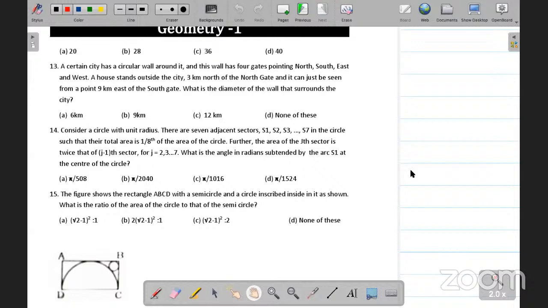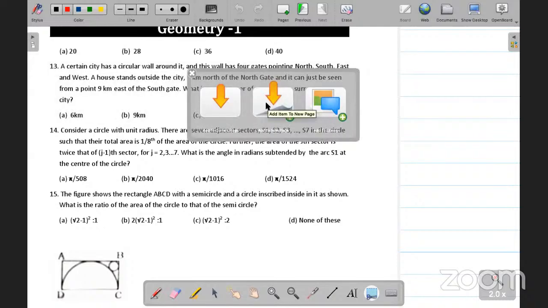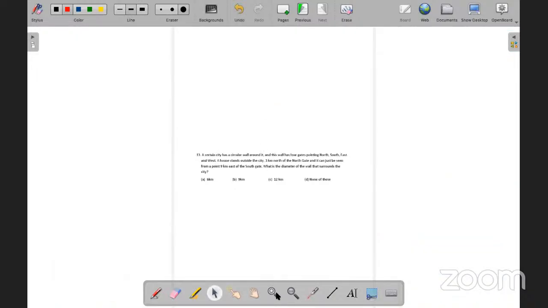Okay, how many of you were able to solve this? Okay, let me take it to another page.